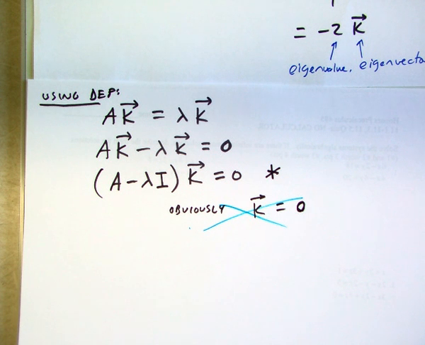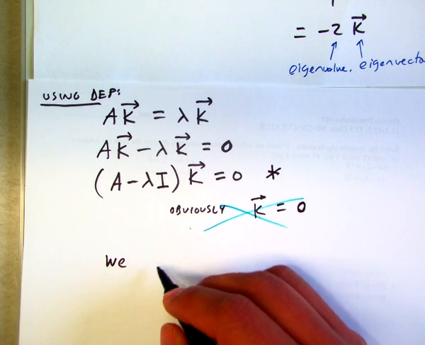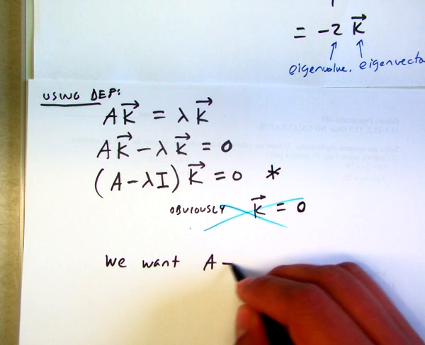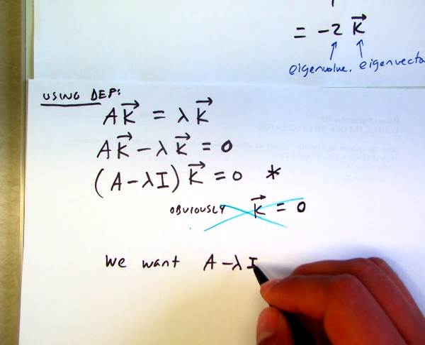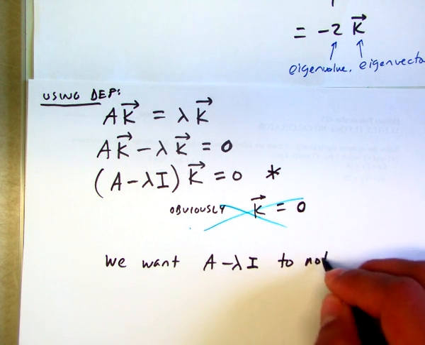Because if it's 0, then really we don't have any eigenvalues, we don't have any eigenvectors, that just ruins the whole point. Okay, so what we're going to work with now is the fact that we want A minus lambda I to not be invertible.